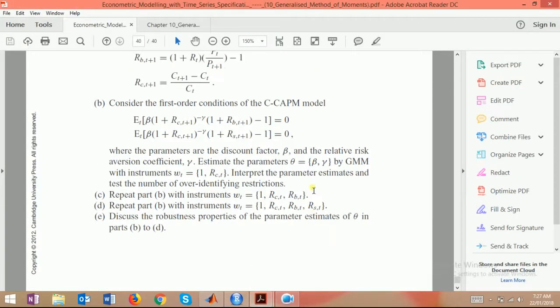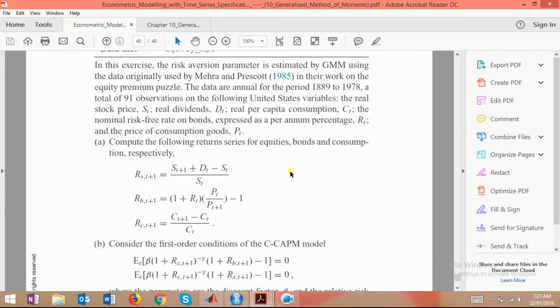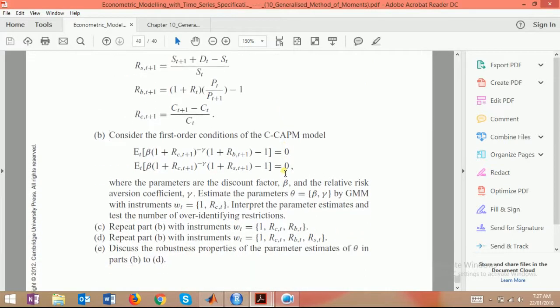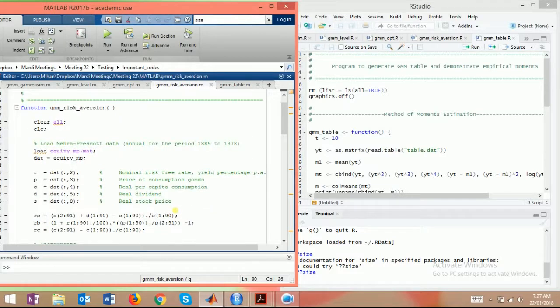That is the only thing in risk aversion, because this is relevant to our question, where the question suggests, well, consider instruments: GMM with instruments, identity and optimal weighting matrix. That's all, nothing else.